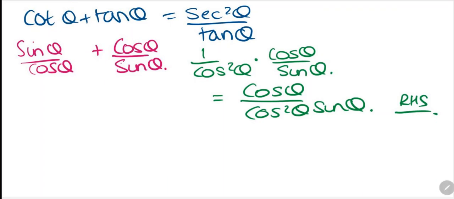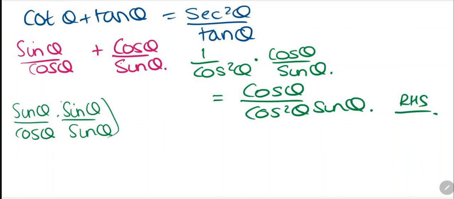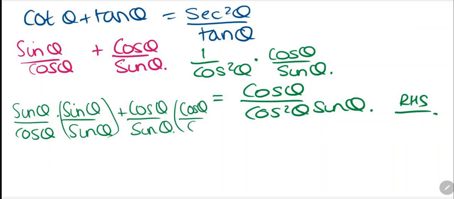I'm going to multiply the sine over cosine theta by sine, so we'll have sine theta. And then I'm going to multiply the cosine theta by cosine theta.